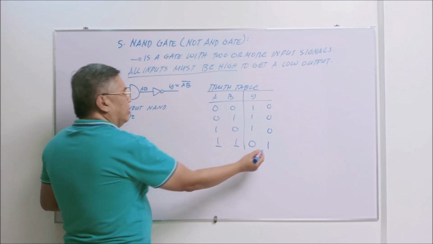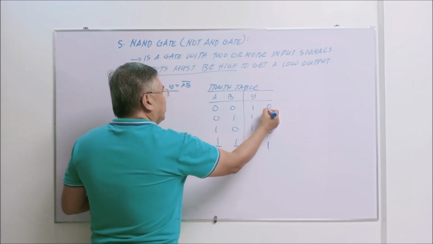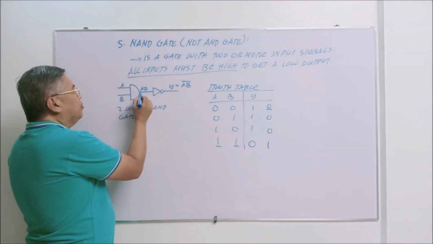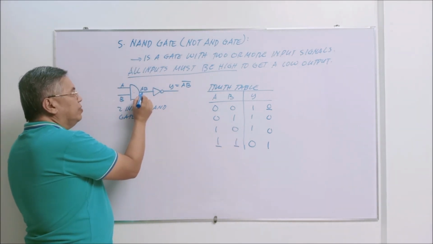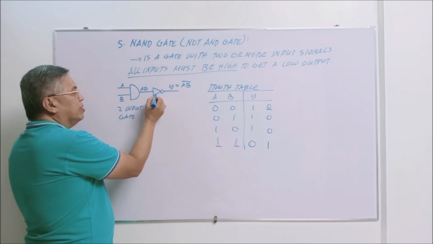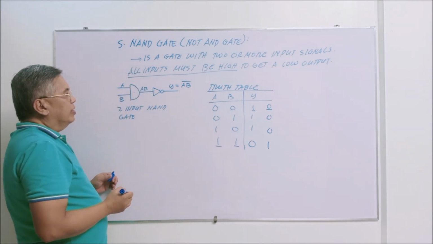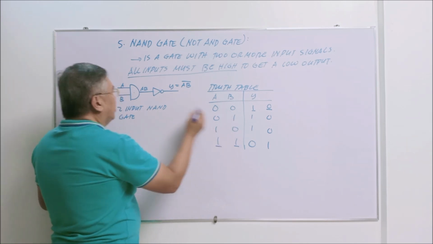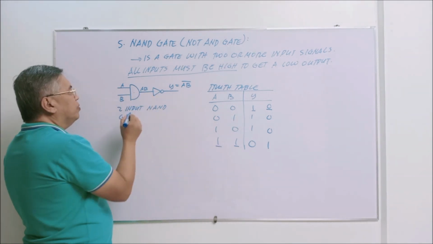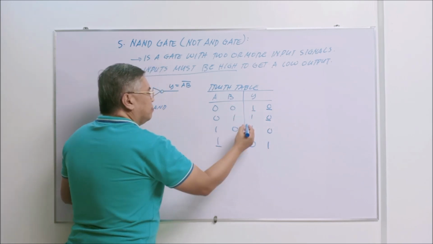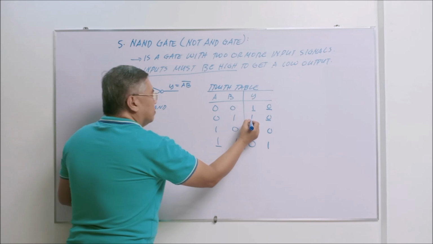Now, for example, if your inputs A and B are 0, 0, the output of your AND gate is 0. Once it passes through an inverter, it becomes 1. Then you have 0, 1: the output of your AND gate is 0 again, and once it passes through an inverter, it becomes 1.